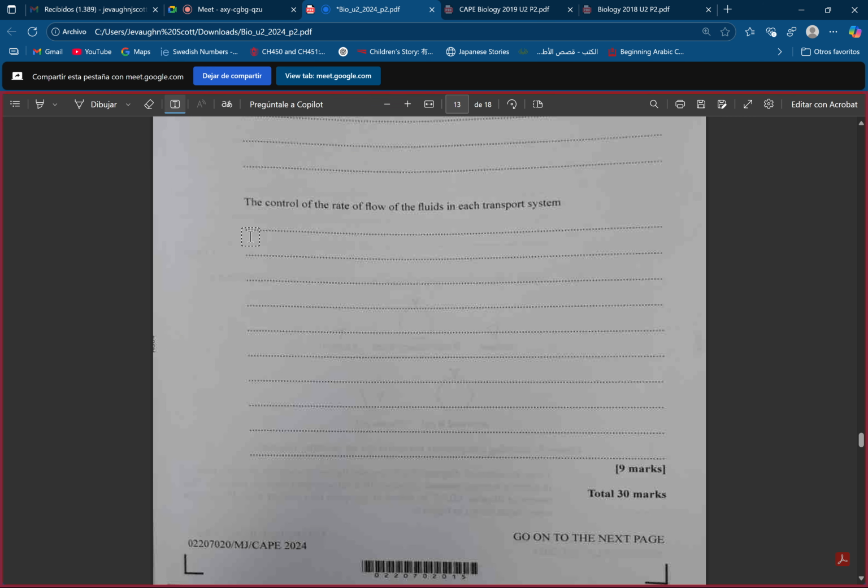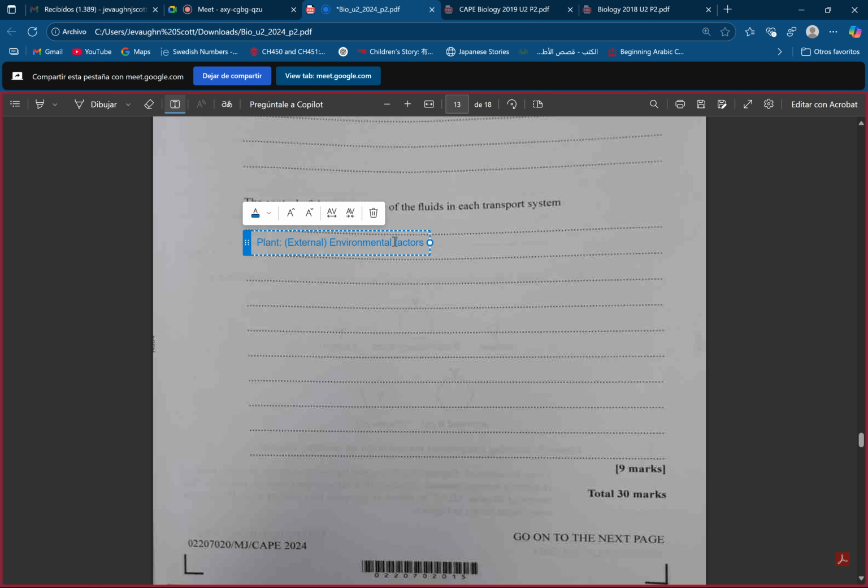The control of the rate of flow of the fluids: how do we have that? For the plant, we use external environmental factors.